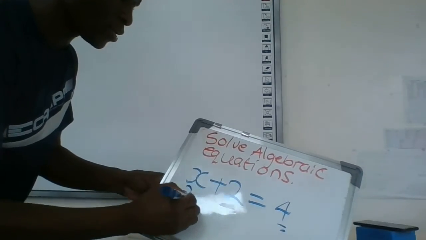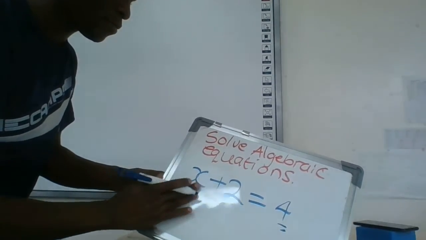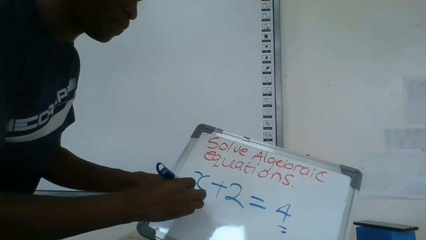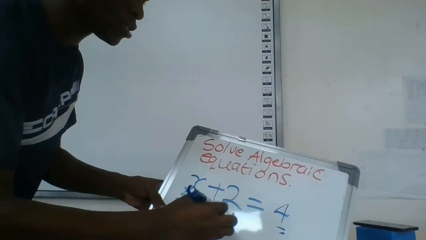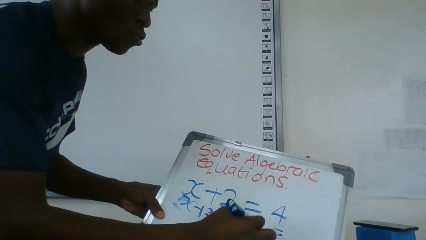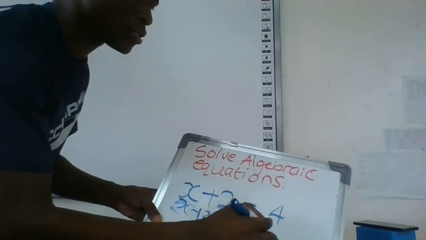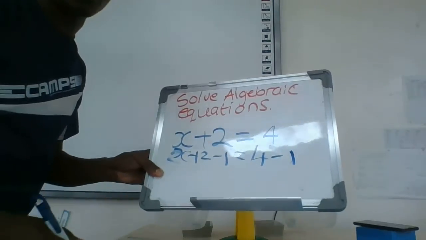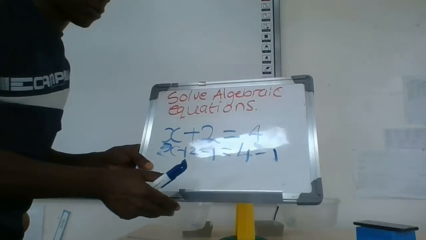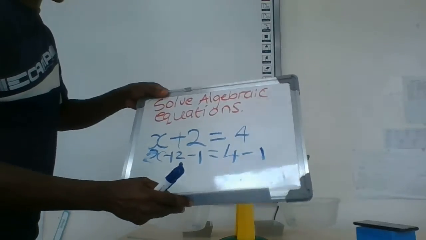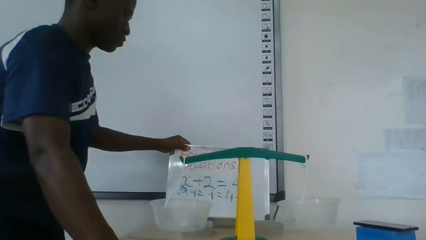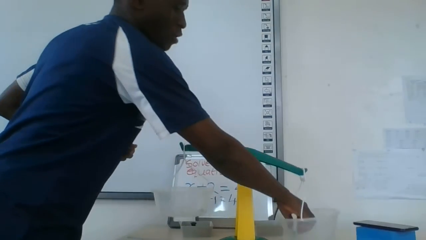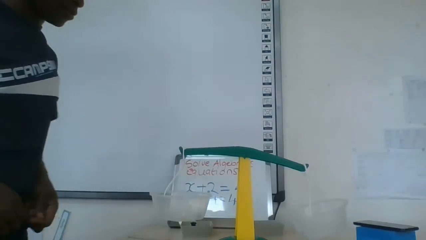So we're going to write x plus 2 minus 1 is equal to 4 minus 1. This represents the subtraction that I'm going to do. I'm going to subtract one marble each side. So I'll take one marble this side and one marble that side.